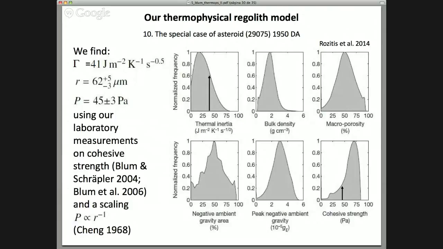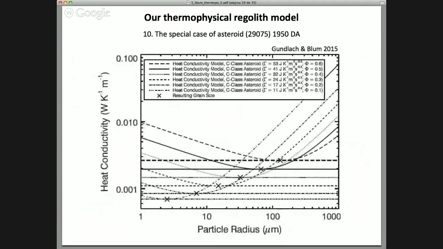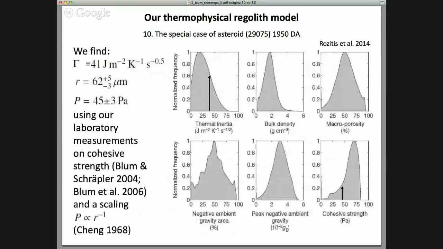If we went down to another filling factor, this would give us a factor of 2 smaller grains, so about 30 microns, which as the strength increases inversely linear to the size, would give us 90 pascals, which is out of the range given by Rozitis et al. in the paper. So we can constrain this pretty much, and also the filling factor to about 50%, plus minus a little bit, and only a little bit.